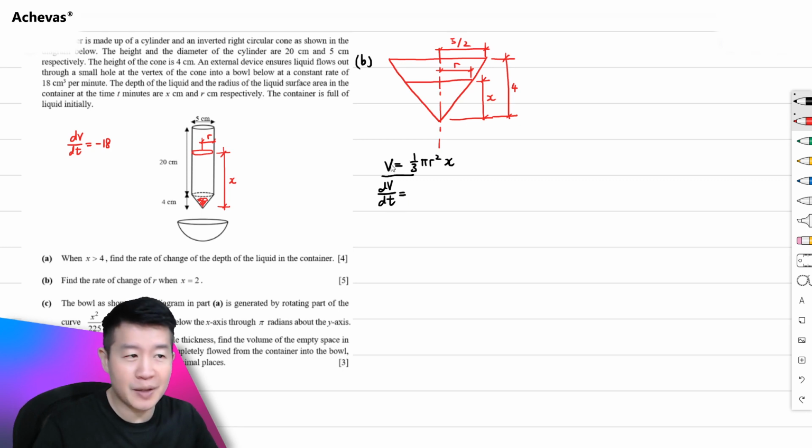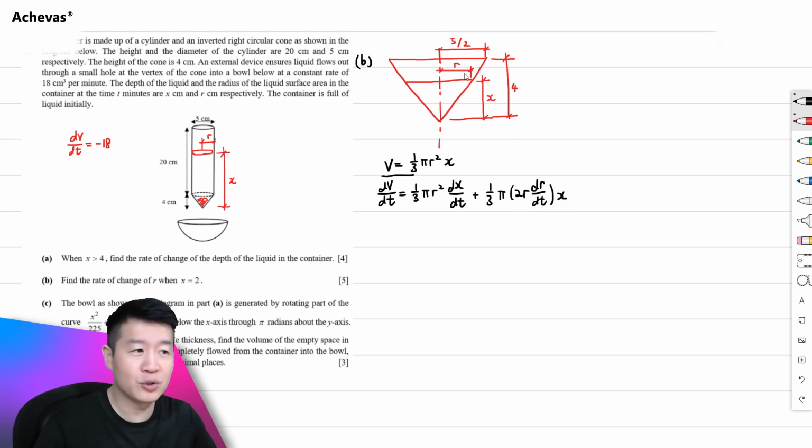Differentiating the left hand side with respect to t, I have this. Differentiating the right hand side with respect to t, applying implicit differentiation, r squared, then this product rule, then plus 1/3 pi. Differentiating r squared, we have 2r, dr/dt, multiplied by x.